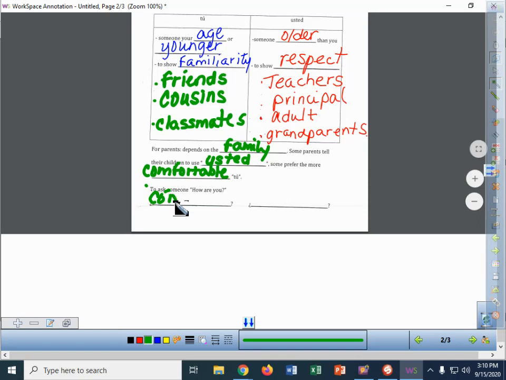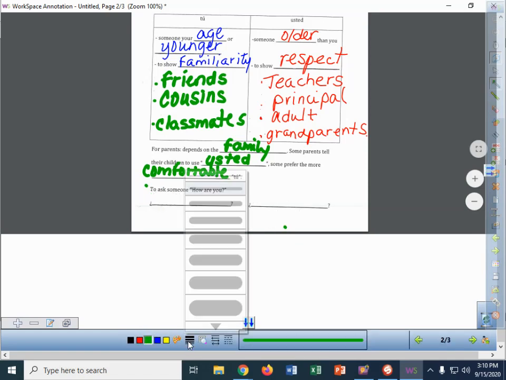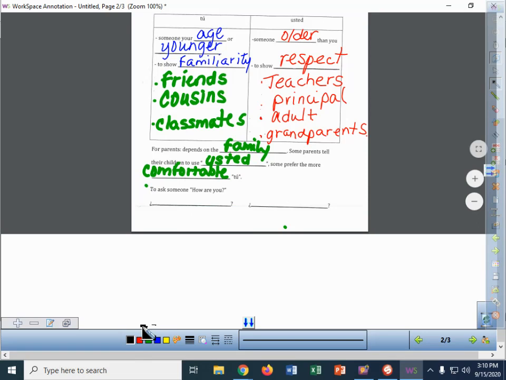So we're going to put ¿cómo estás? Okay, ¿cómo estás tú? ¿Cómo está usted?